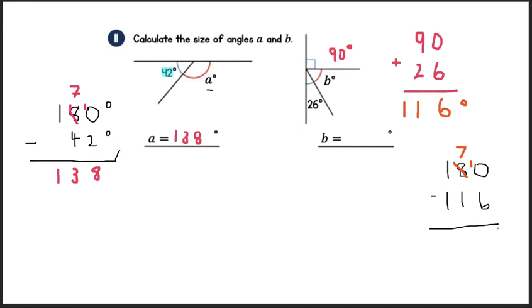Ten take away 6 is 4. 7 take away 1 is 6. And 1 take away 1 is 0. So we know that B is 64 degrees. And again, if you add up 90, 64 and 26, you will get 180 degrees.